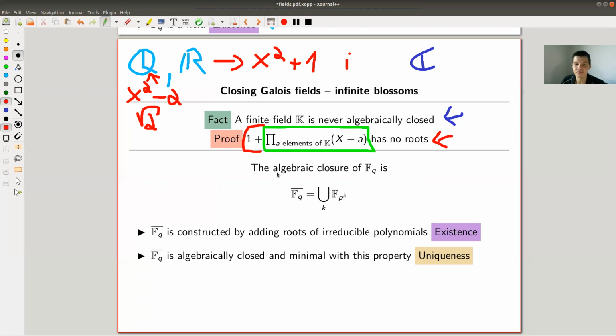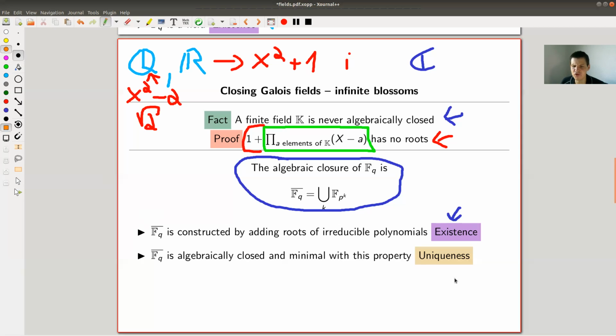And the procedure to construct the algebraic closure of those finite fields is this one. So just take all of them together. So basically what you do is, you find your irreducible polynomials. They can't have roots, they're irreducible. You just add artificially the roots of those polynomials, and you keep on going until there are no irreducible polynomials anymore, which is kind of the existence proof.